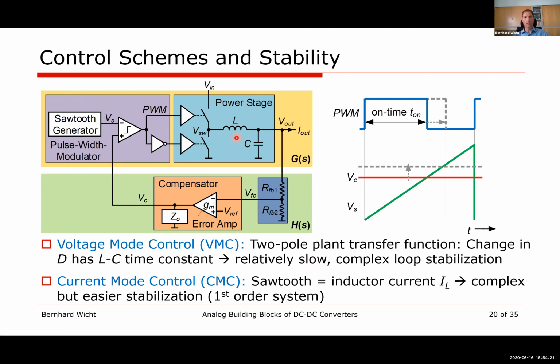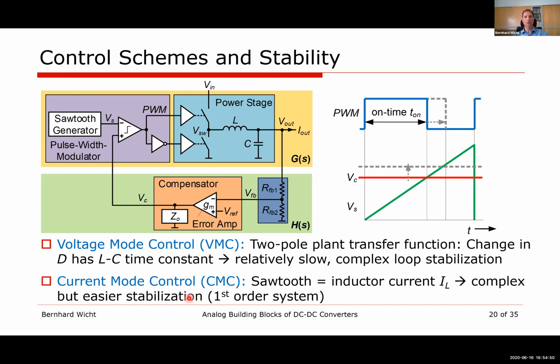If we convert that into the voltage domain, we can run a similar scheme here and switch the PWM signal when we have a crossover. If we then do the transfer function calculation, we identify that we have a first-order system, and that's great because now it's much easier to stabilize. It's also faster in reaction, and the disadvantage is that it makes it more complex.